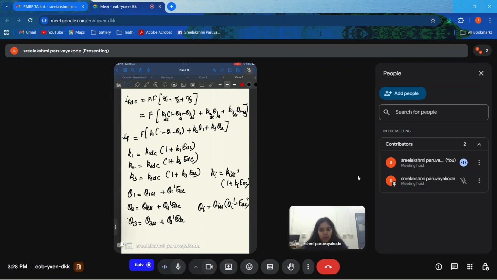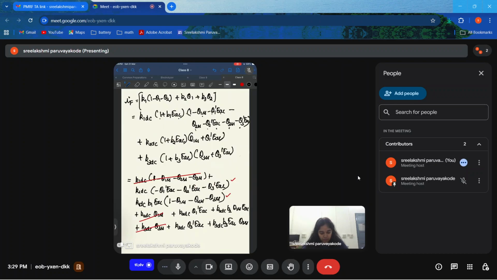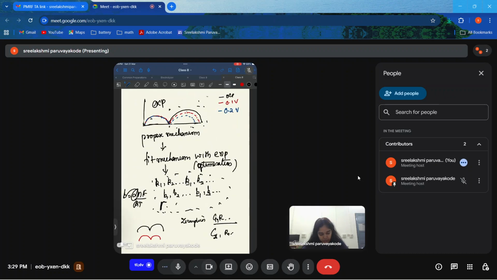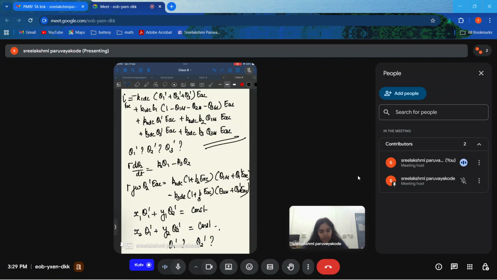Then we write down the formula for the net current, and from that we'll separate out IFDC, which is the current due to DC current, and then finally we'll find out IFAC, which will be written in terms of EAC. Then we have to find out what theta 1 dash, theta 2 dash, theta 3 dash are, rearrange it and find out YF.